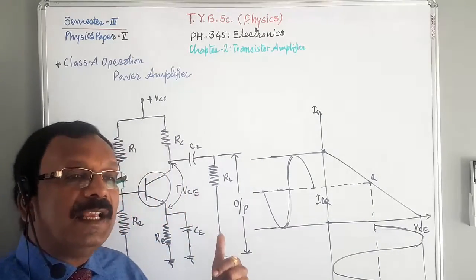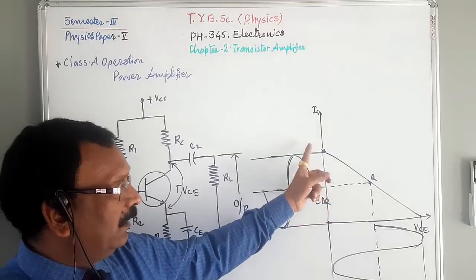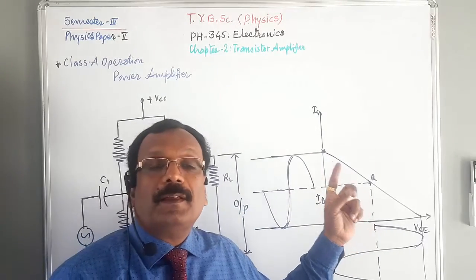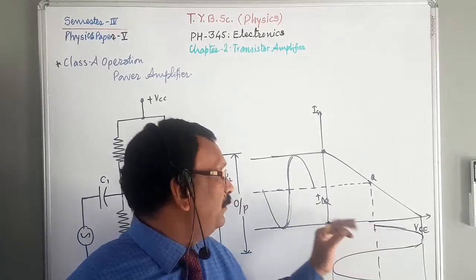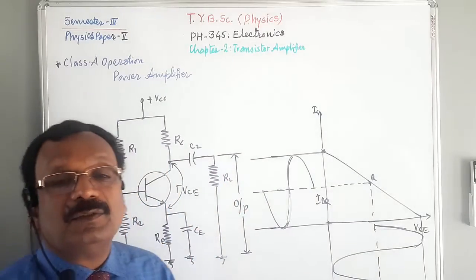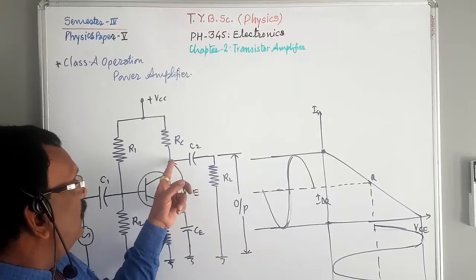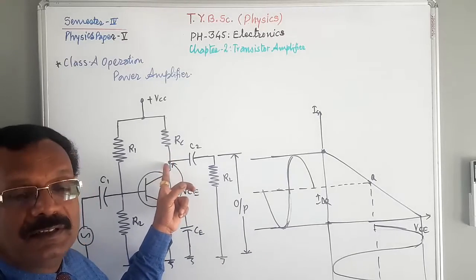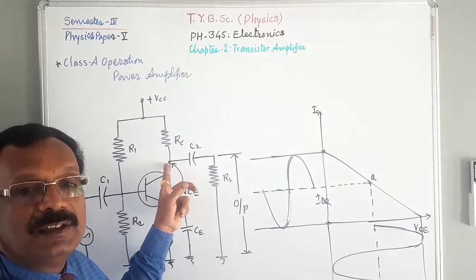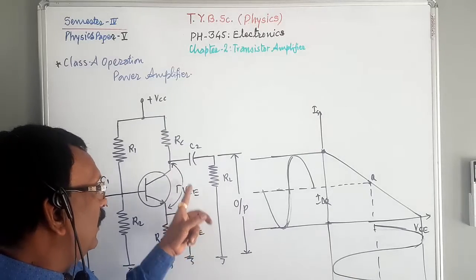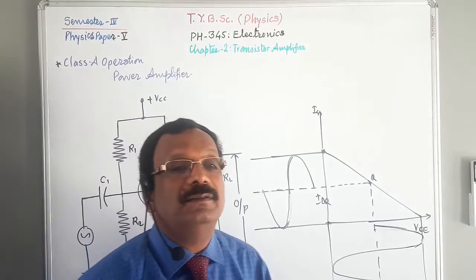Due to the change in collector current IC, the voltage between collector and emitter, VCE, also changes.